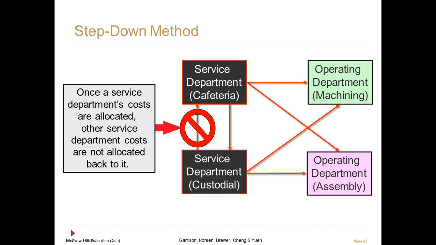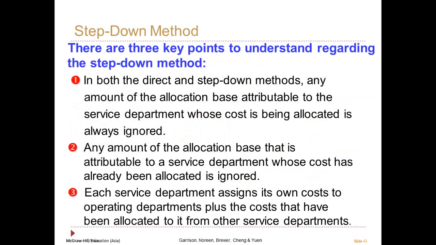There are 3 key points to understand regarding the step-down method. 1. In both the direct and step-down methods, any amount of the allocation base attributable to the service department whose cost is being allocated is always ignored. 2.